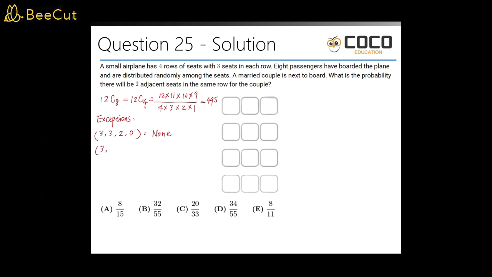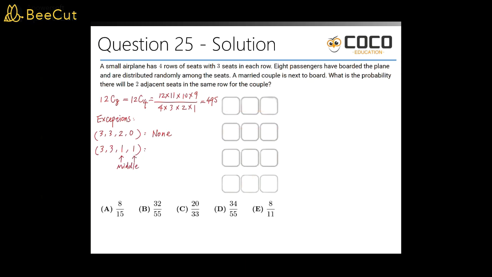Next one. It can be 3, 3, 1, 1. Now, the 2 rows that are fully occupied, we don't have to consider. Let's only consider these 2. Most of the time, the couple can get 2 consecutive seats. The only exception is when those 2 passengers choose the middle seats. Then the married couple cannot sit next to each other.